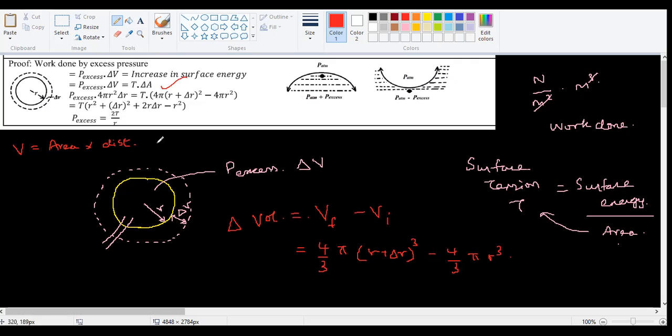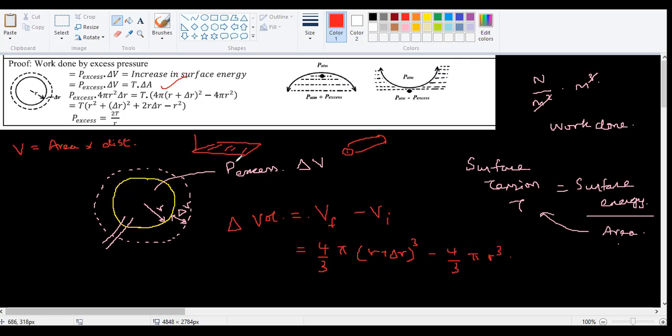What is the volume of a cuboid? l into b into h. So take the area and multiply by the height. For a cylinder, pi r squared into h: this is your area and this is multiplied by h. That will give me the volume. So if you do it by this method also, you'll get the same answer, but with some approximation.